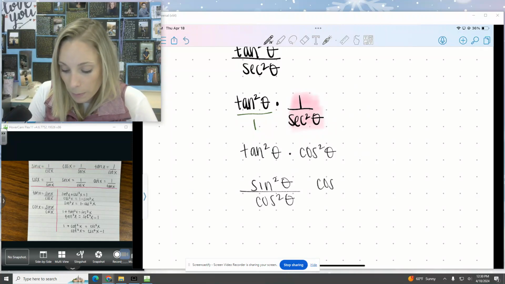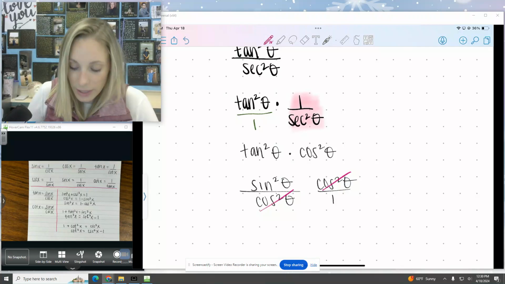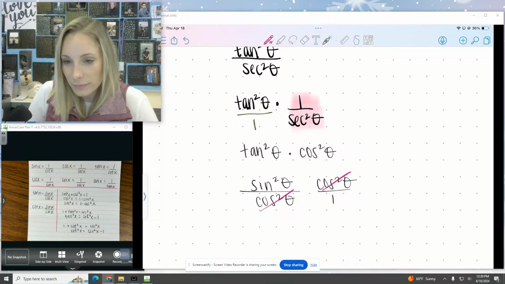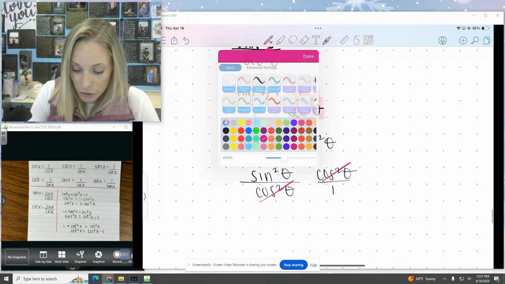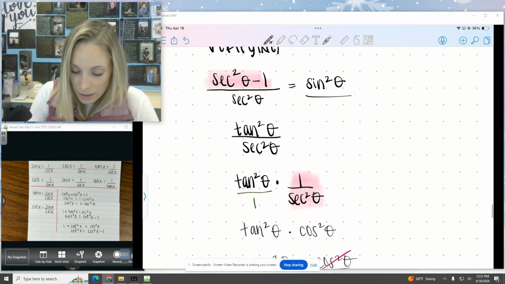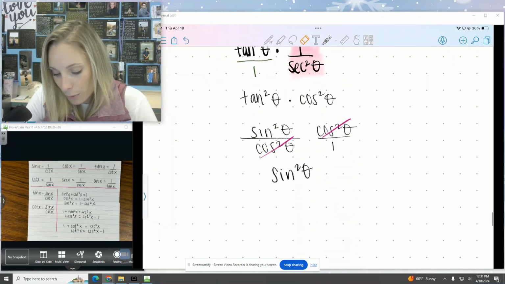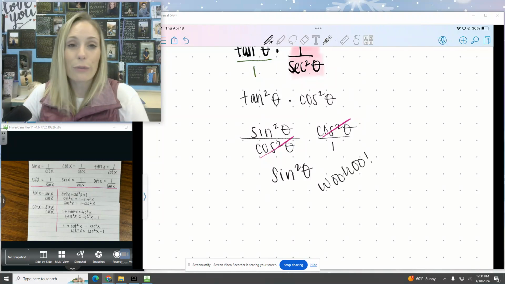And of course, we're multiplying that by cosine squared, and there's a little invisible 1. And what happens is the cosine squareds cancel out, leaving us with just sine squared of theta. And that is what we wanted to have. And right there, I say, woohoo! I'm so excited that I just verified this identity.